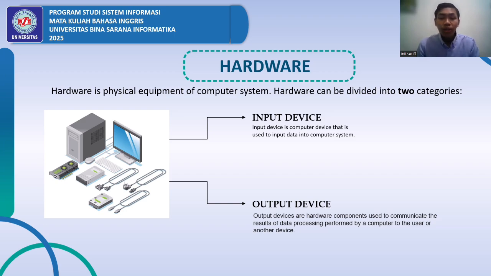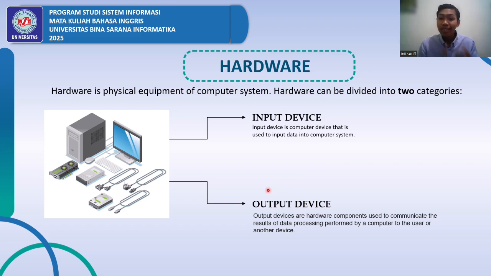And the next, we talk about hardware. What is hardware? Hardware is the physical equipment of a computer system. Hardware can be divided into two categories.